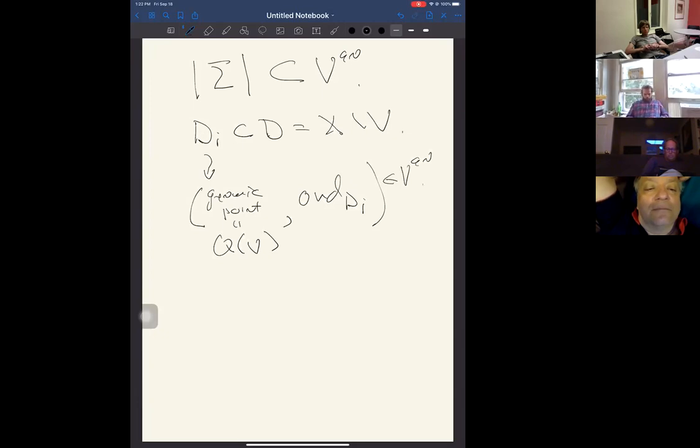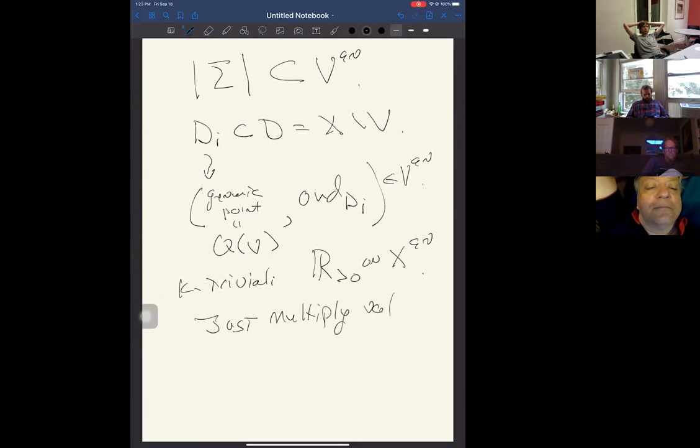And then moreover, because K is trivially valued, there's a scaling on the analytification. Just leave the scheme point alone and multiply the valuation by a positive number.